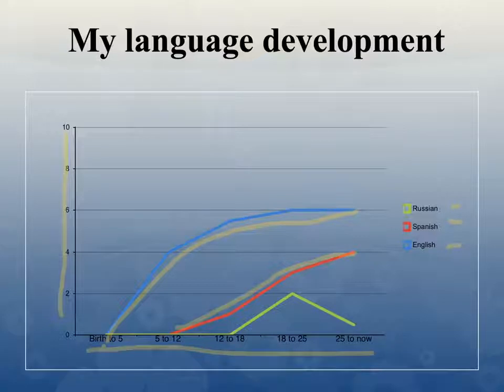And I also started to learn Russian in college, and I began to improve, but now that I don't use it very much, I've forgotten a lot of what I've learned, and so the line of proficiency has actually decreased over time since I don't use it anymore. So take a minute and copy down this chart and think about the languages that you speak and how they have developed over time, and make your own chart.